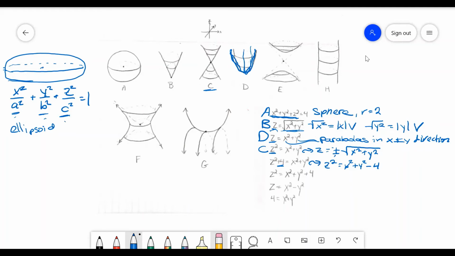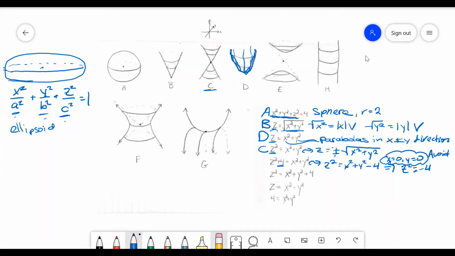If we plug in x equal to 0 and y equal to 0, this is going to give us z squared is equal to -4, okay? And, well, we can't take a number, square it, and expect to get a negative number out of it, which means that we're going to be looking for something that never allows x to be equal to 0 and y to be equal to 0, okay? We want to avoid these.